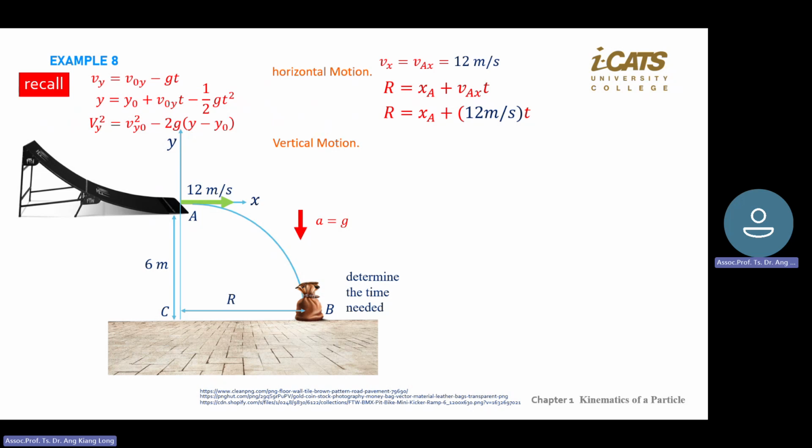Just remember, positive becomes negative already. Okay, and you substitute the values that you know. So here, the first one, Vy equals Voy. What is your Voy? What is your velocity going up? Y -6.